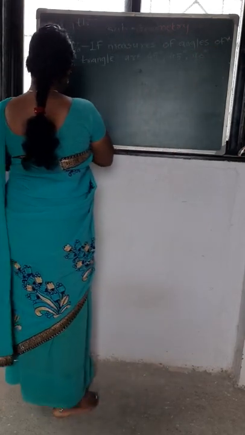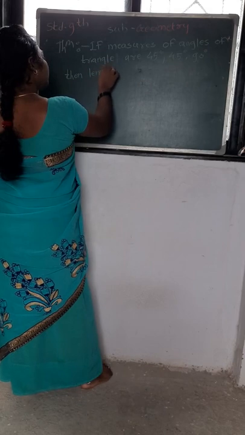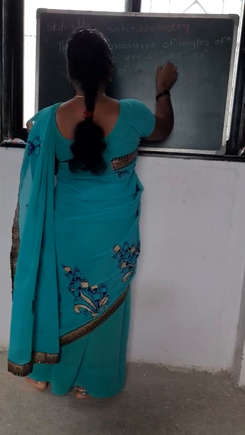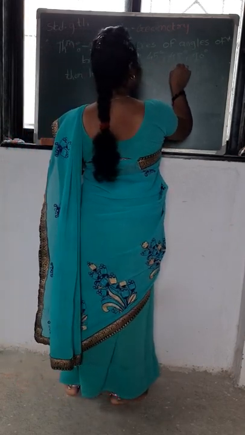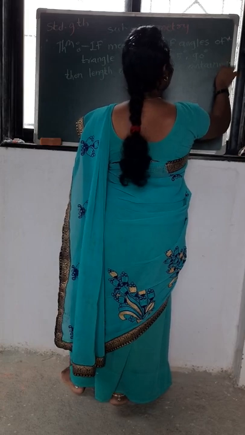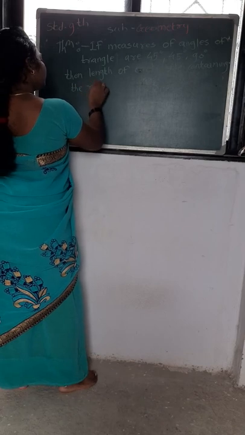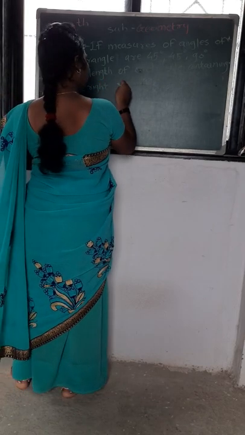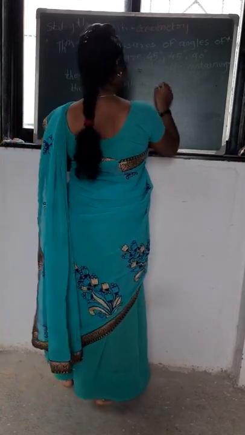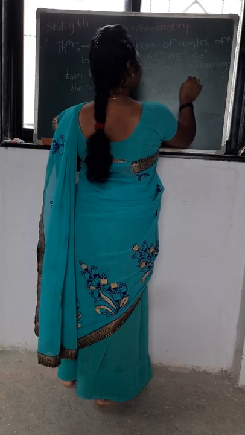Then the length of each side containing the right angle is 1 by root 2 into hypotenuse.